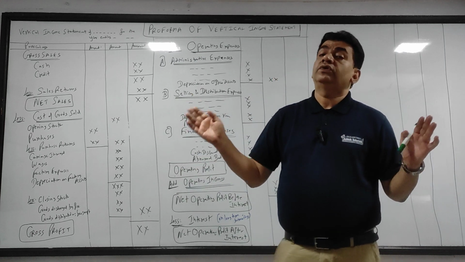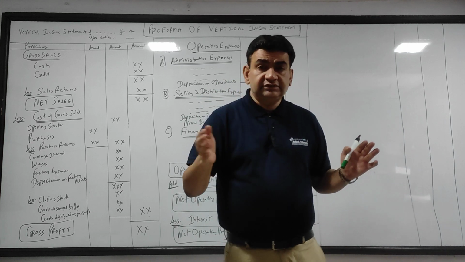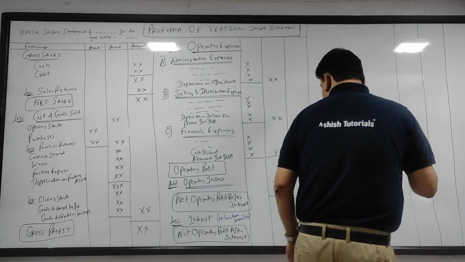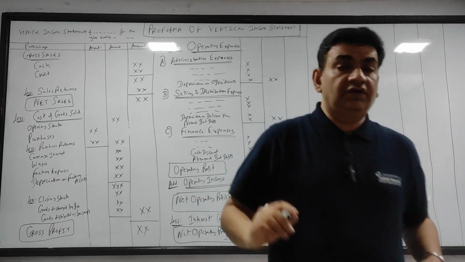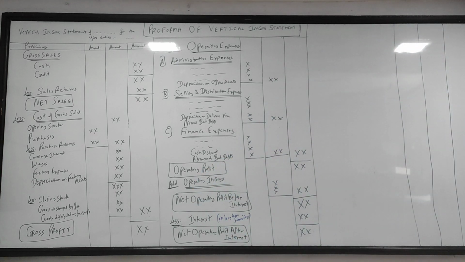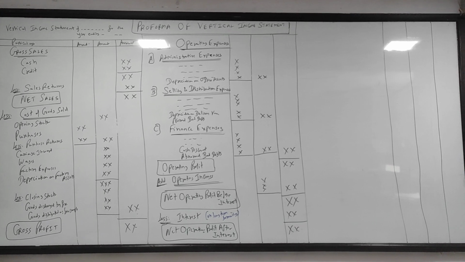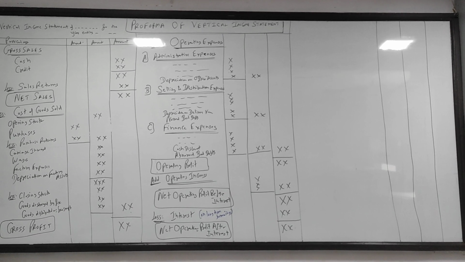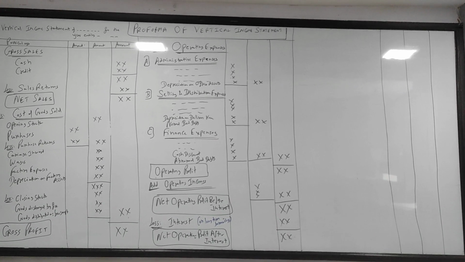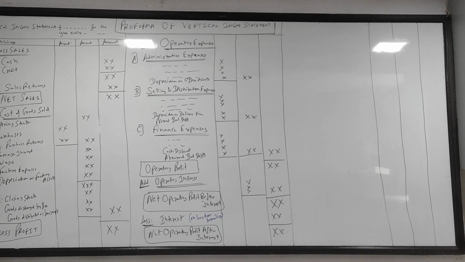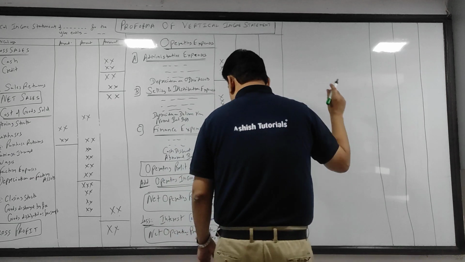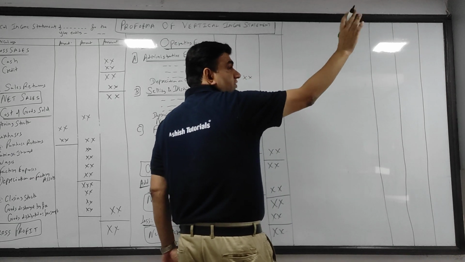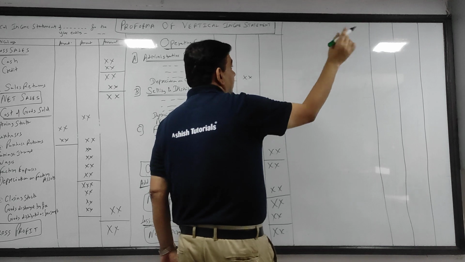Now we come to non-operating. First, what we will do to this, let me check the angle of the mobile. Okay, just change the angle a bit. To this net operating profit after interest, just be a little cautious of the light reflection.